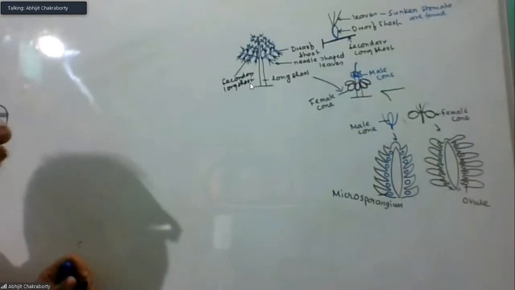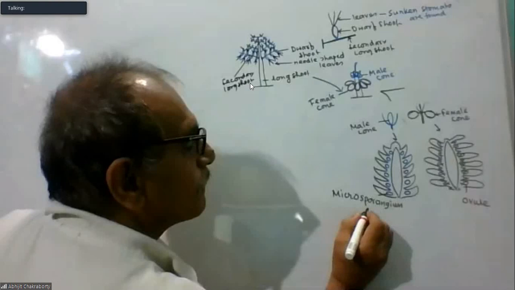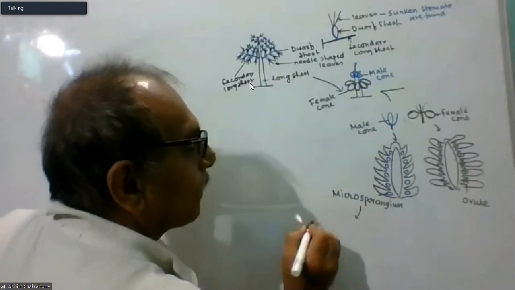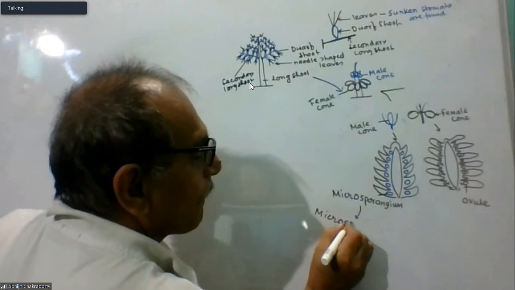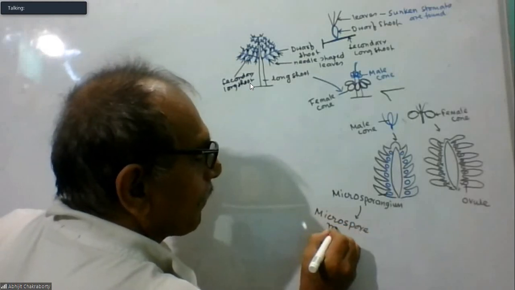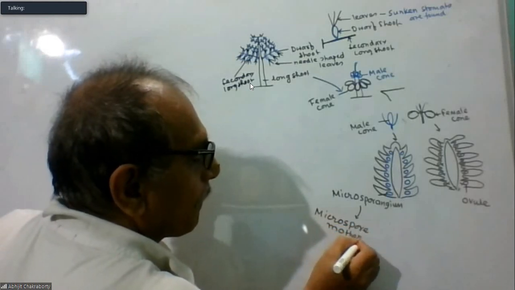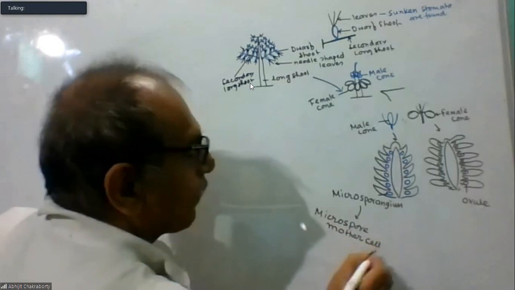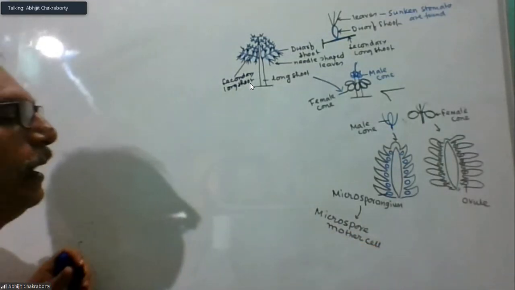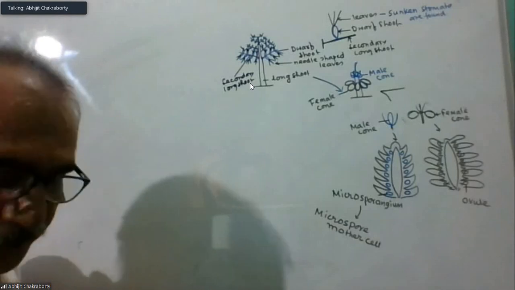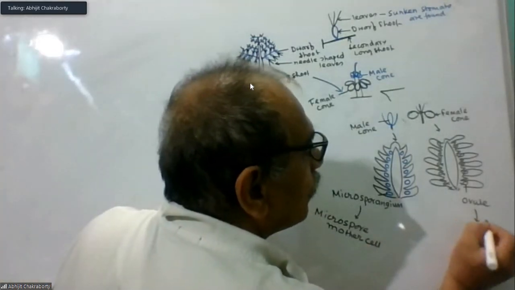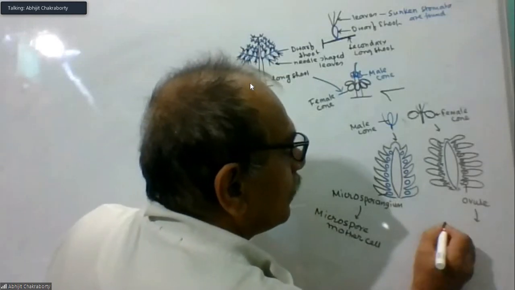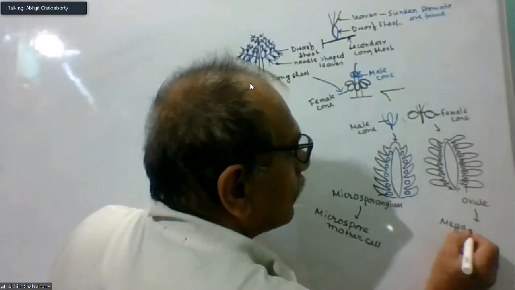Inside the microsporangium, you get microspore mother cell. Inside the ovule or megasporangium, you will get megaspore mother cell.